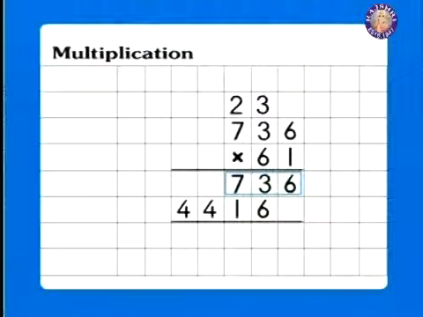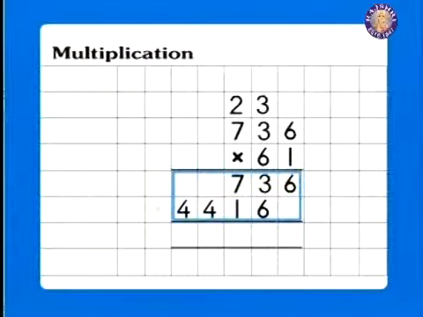The answer of the first multiplication step was 736. The answer of the second multiplication step was 4,416, written offset to the left. The last step is to add the numbers the way they are written.